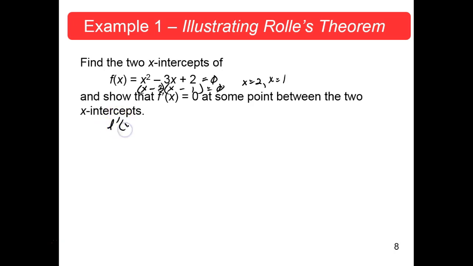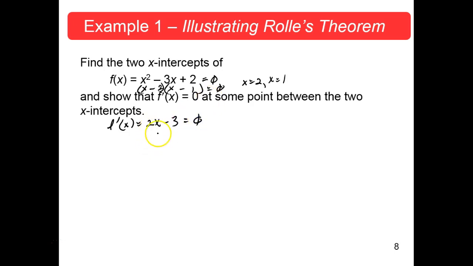f prime of x is equal to 2x minus 3. Is that what you said? Okay, good. And we want to know where that's equal to 0.